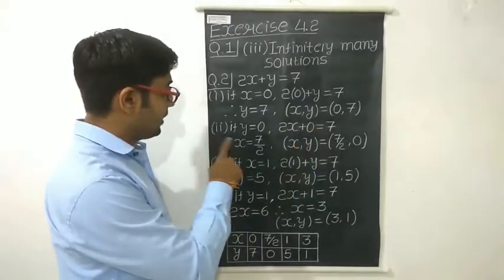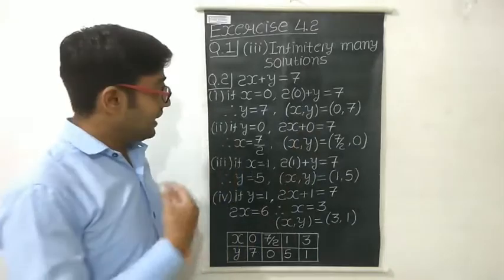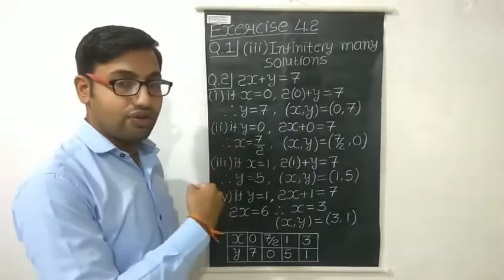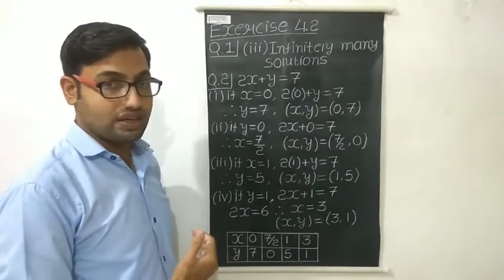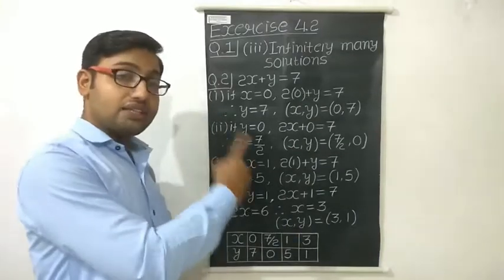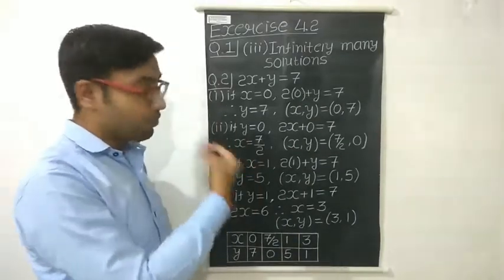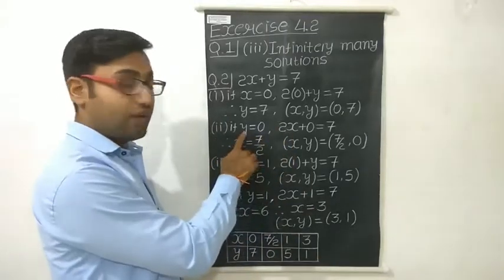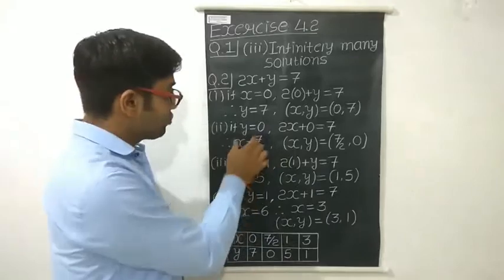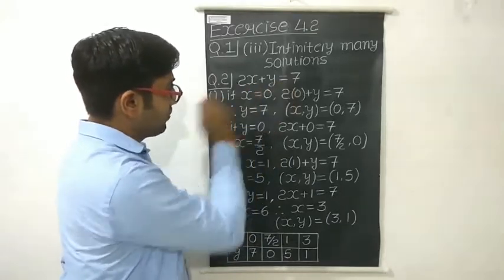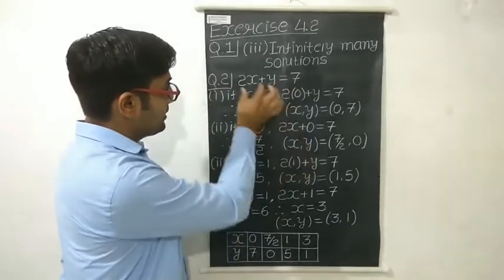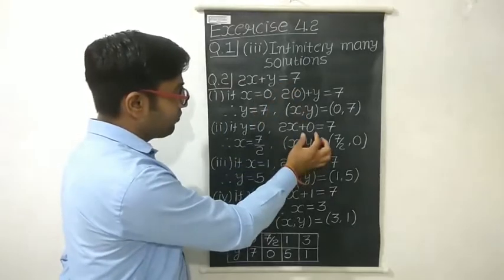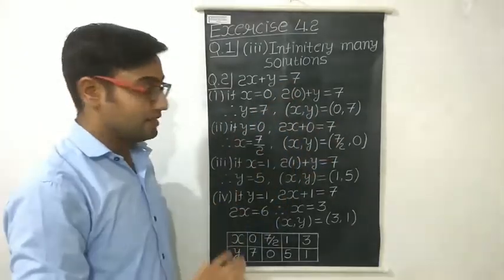Now let us find the second solution. Here we are considering the value of y equal to 0. Right? So what will happen if y is equal to 0? Now we have to find the value of x according to the value of y. And what is y? y is 0. So put this value of y in this equation. So 2x will remain as it is. Instead of y we put 0 and 7 will stay as it is.